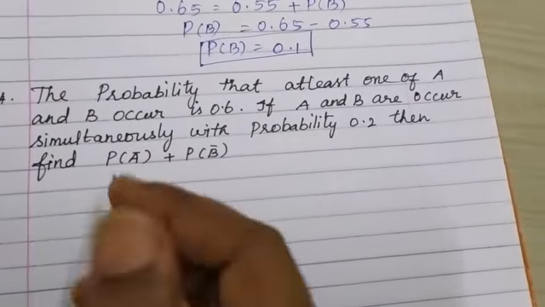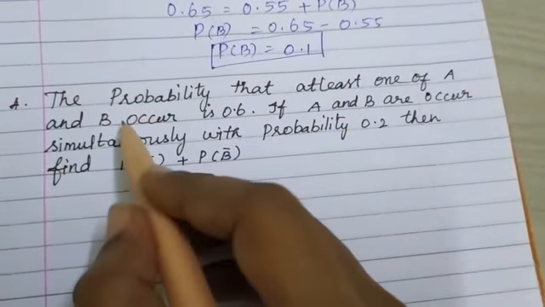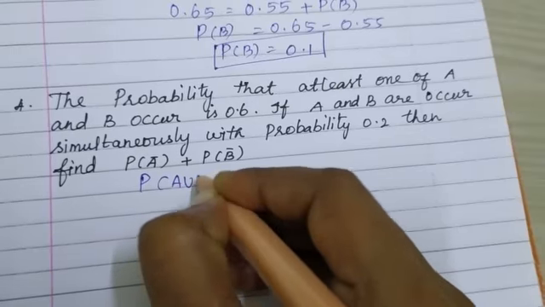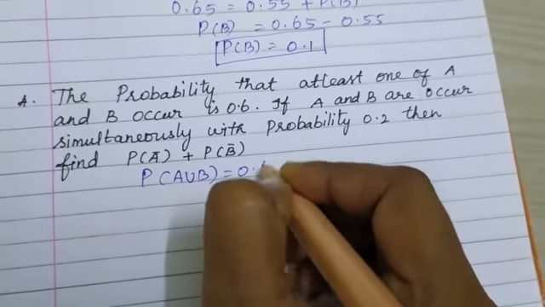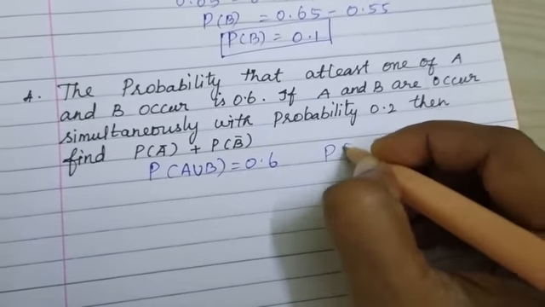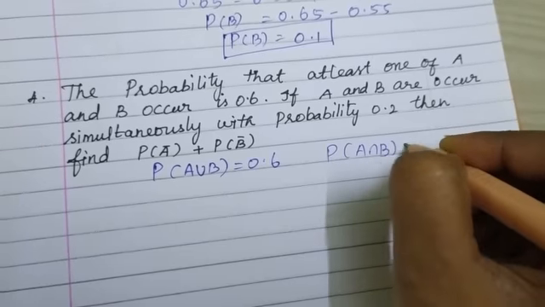Listen, next fourth question. The probability that at least one of A and B occurs is 0.6, that means P of A union B is 0.6. Given, the probability 0.2 is P of A intersection B is 0.2.